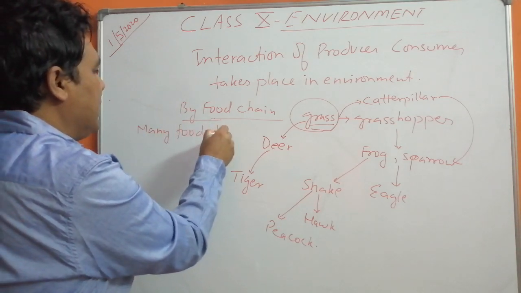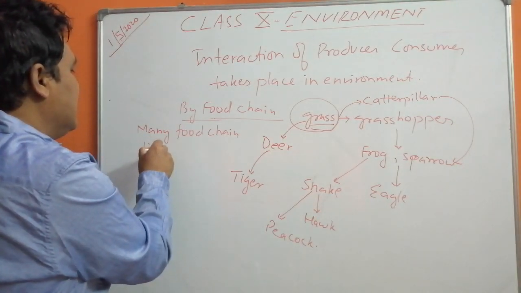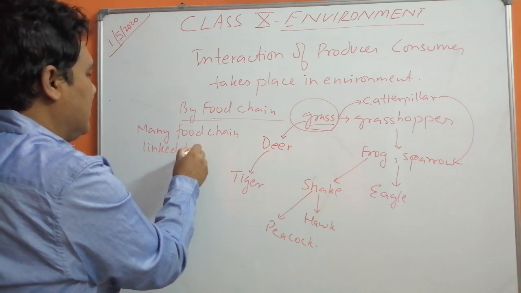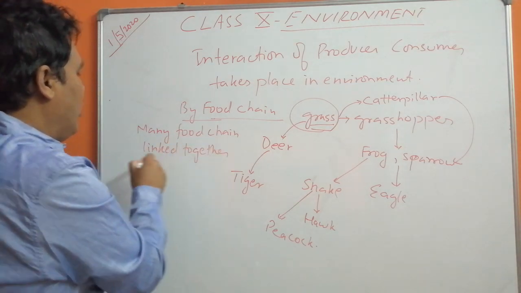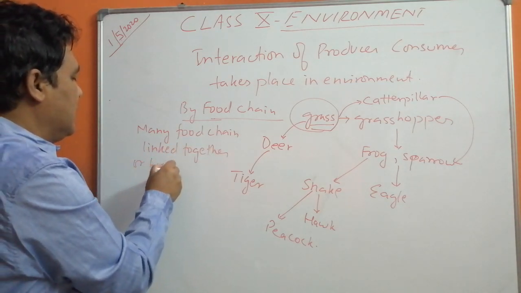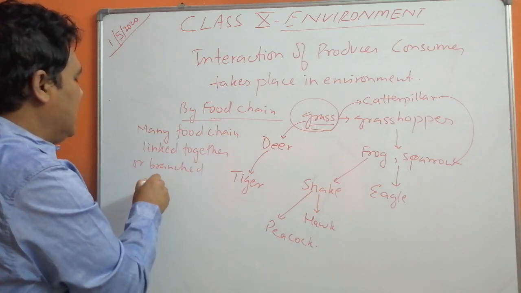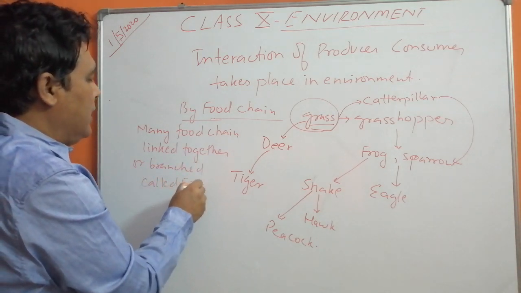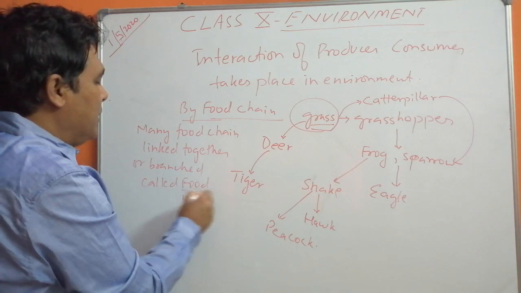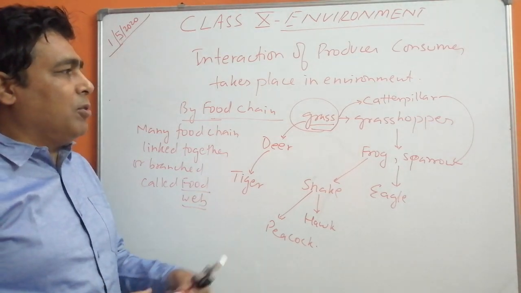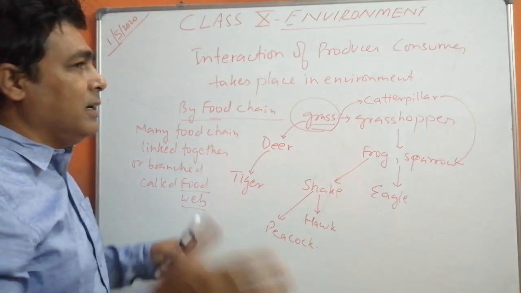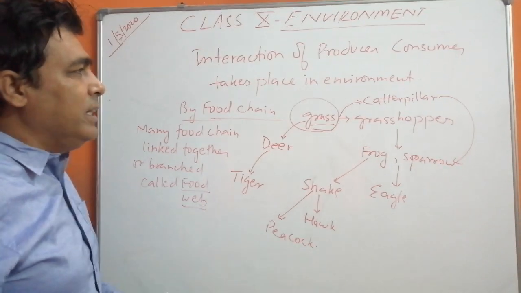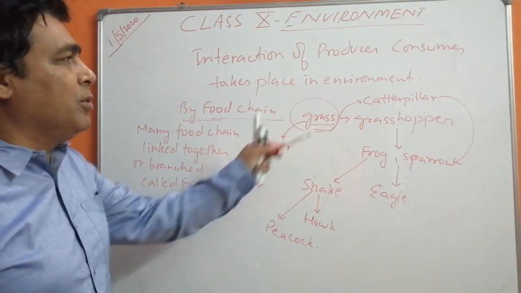Okay. So this is known as a food chain, and many food chains linked together or branched are called a food web. So children, I just told you how to design a food web. You can yourself design it. Only the thing is that you should know about the herbivores.